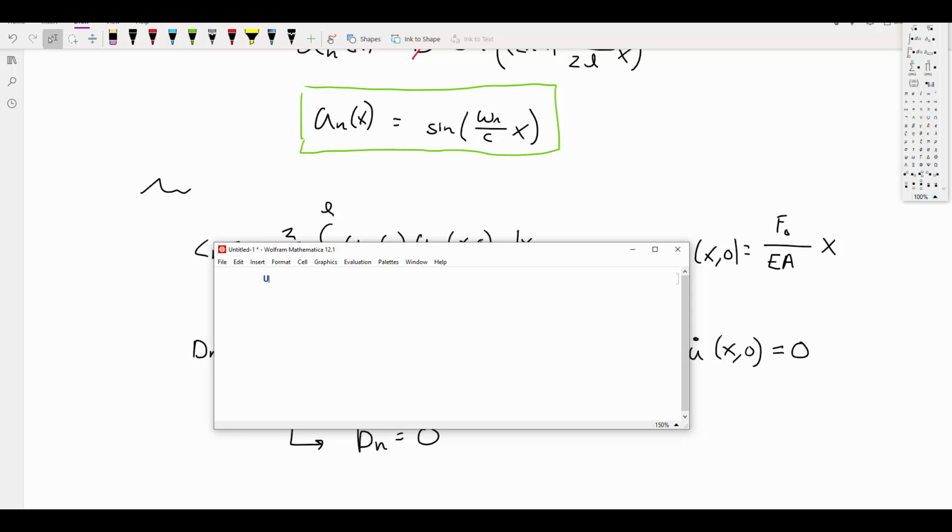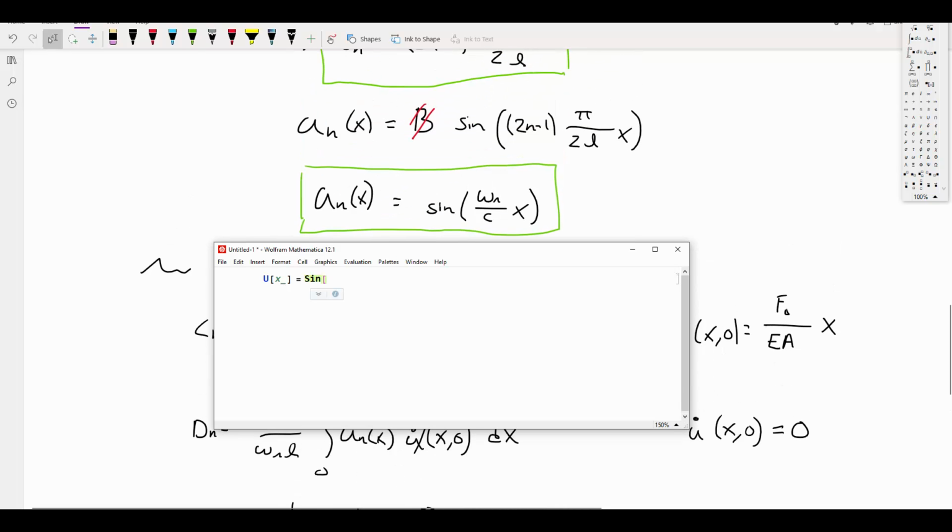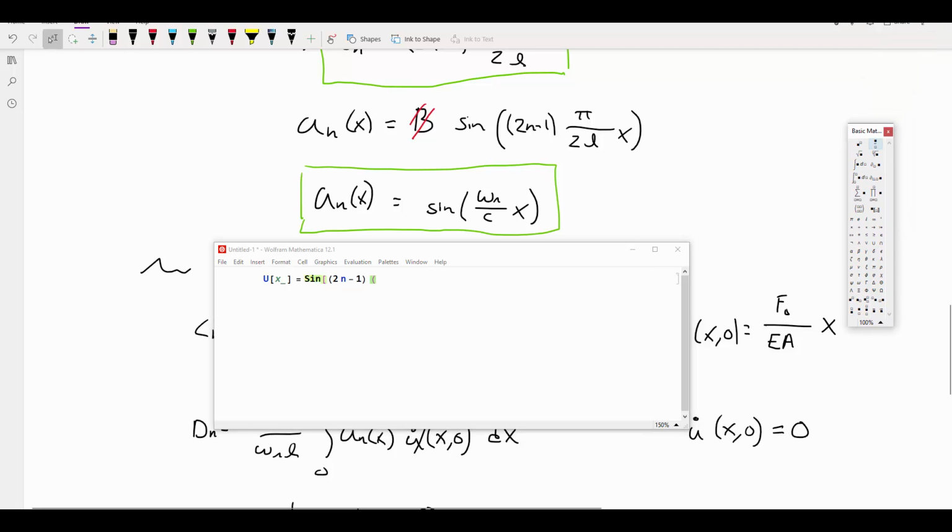So in Mathematica, I'm going to define my eigenfunction of x as this sine, and I'll put the long form here: 2n minus 1 times, and I'll get the fraction, pi over 2l, times x. All right, so the eigenfunction has now been defined properly.